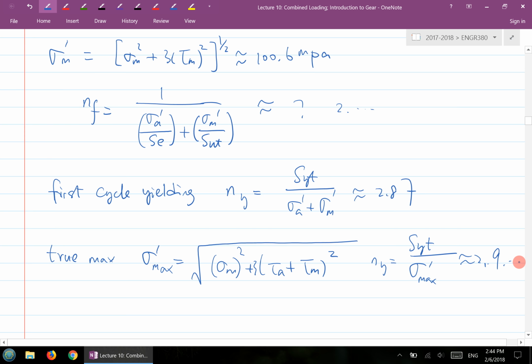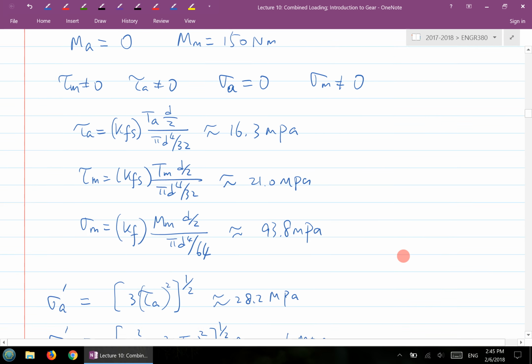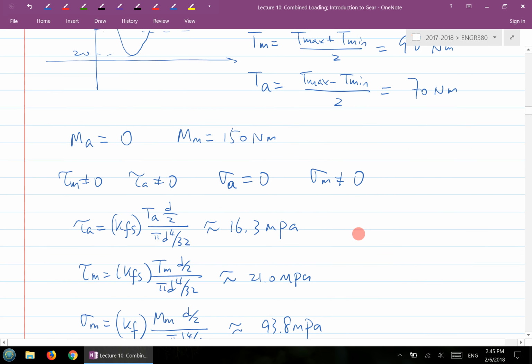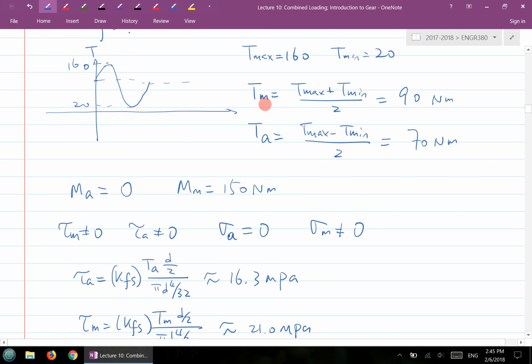So that's the typical procedure for combined loading. Identify what type of loading exists, and identify what type of stress it leads to. So look at the Tm value, Ta value, Ma value, Mm value, and then that leads to tau A, tau m, sigma A, sigma m.